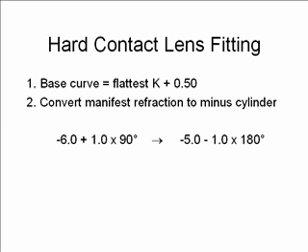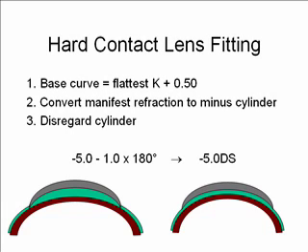And the next thing that we're going to do is to disregard the cylinder. So minus 0.5 minus 1.0 axis 180 becomes just minus 0.5 sphere. And the reason is that the tear lens is going to compensate for the cylinder. It's going to fill in the cylinder.